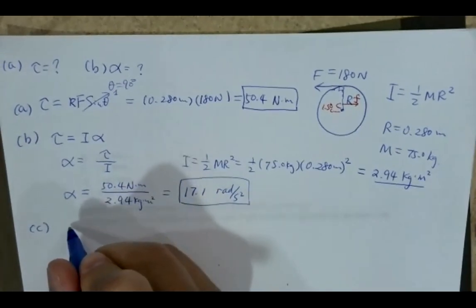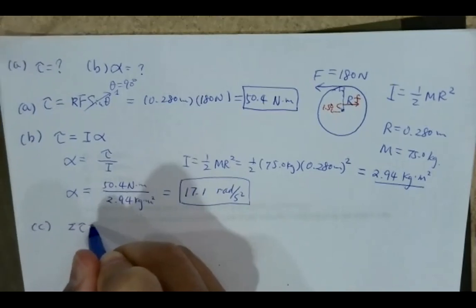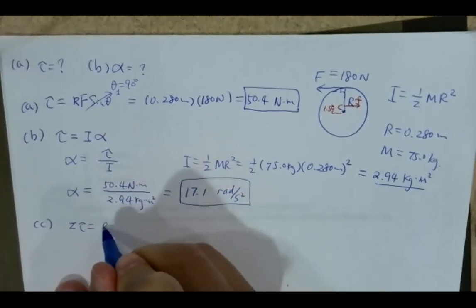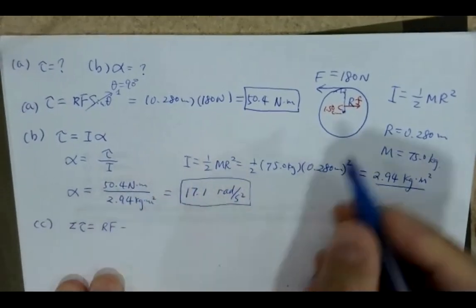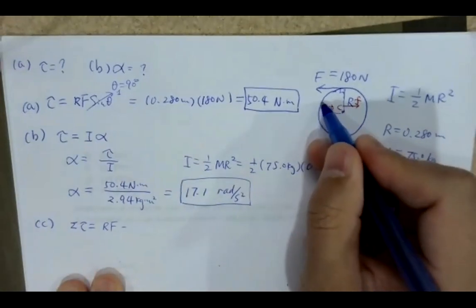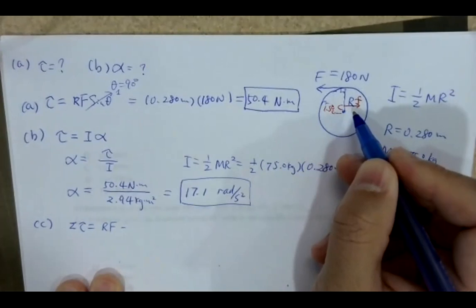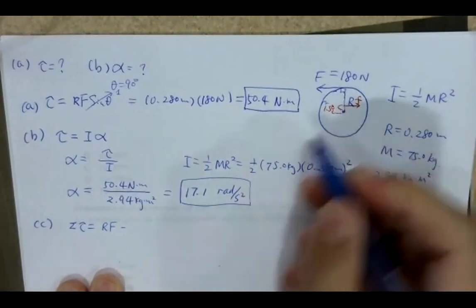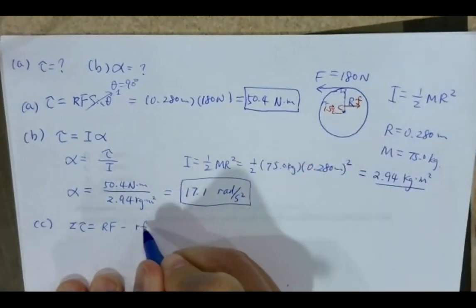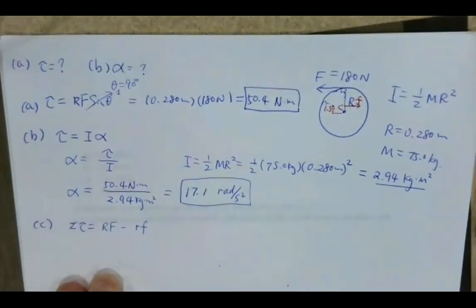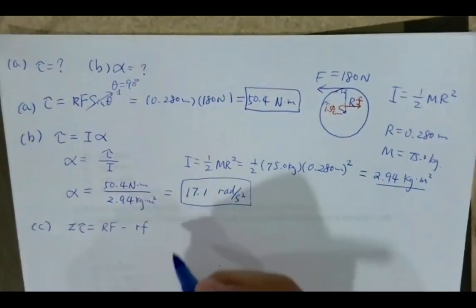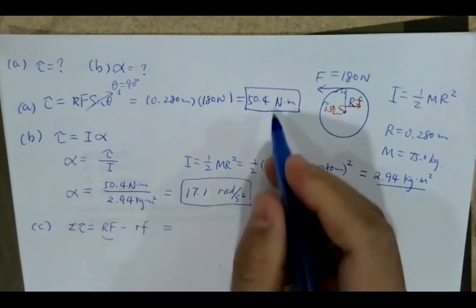In this case, net torque is equal to R times F minus this guy. Let's use small r as here. Now it's going to make this grindstone rotate in the other direction, so minus small f times small r. R times F is the original net number.